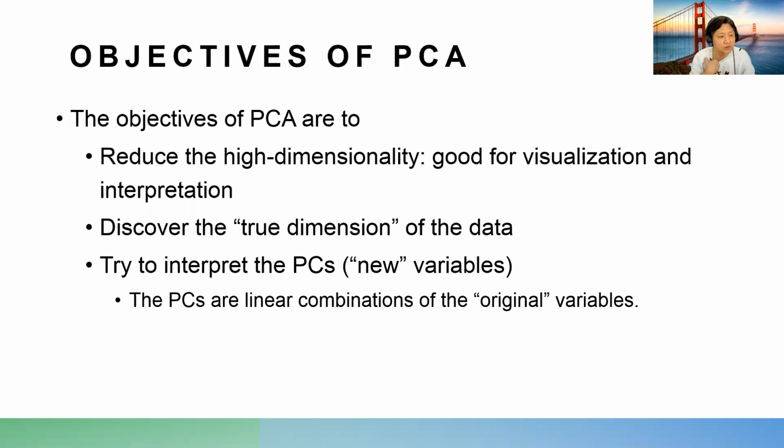Okay, and also you can discover the true dimension of the data. Even though you have many variables, all variables are not important. Maybe some variables are unimportant. In that case, you can find the true dimension of your data. And then you need to interpret the PC. The PC is the linear combination of the original variables.